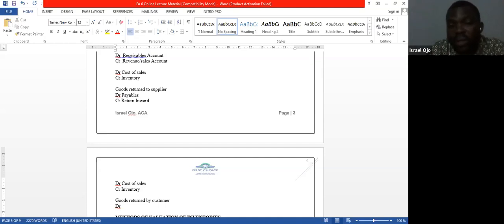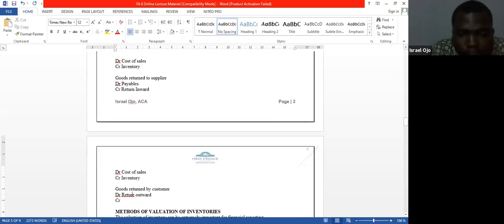You carry your sales and you debit your receivable. So you just want to reverse it now. How do you reverse it? You debit your return inward, and you credit your receivables.